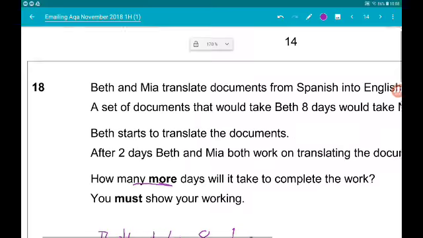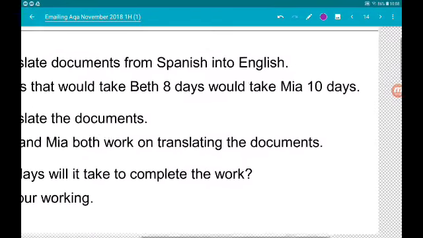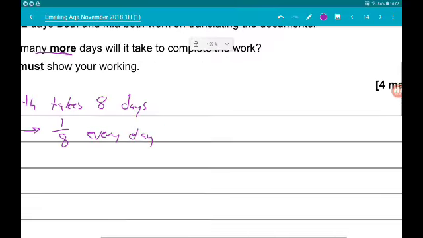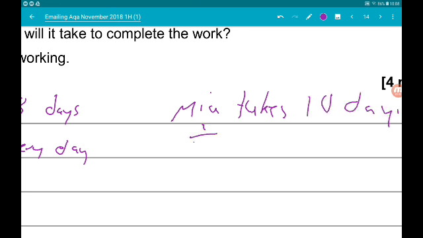Now with Mia, it would take Mia 10 days. Now that means Mia does 1/10 of the document each day.